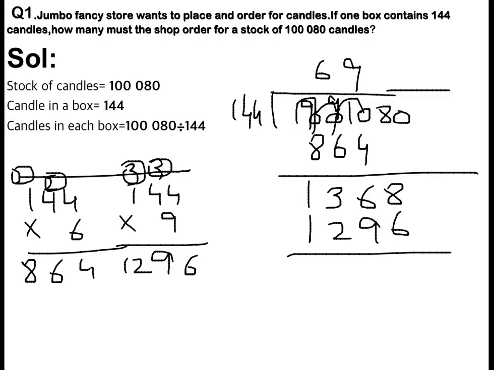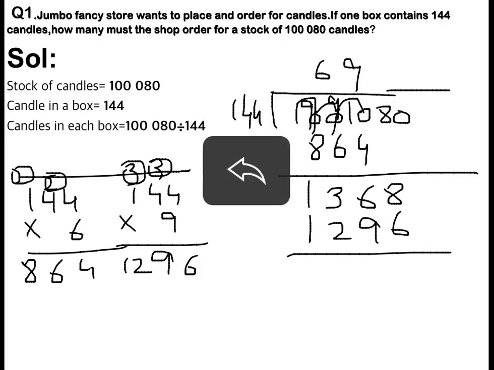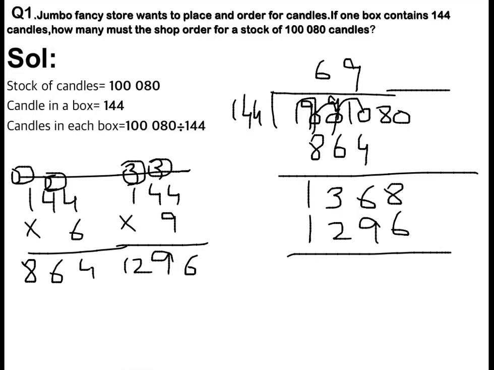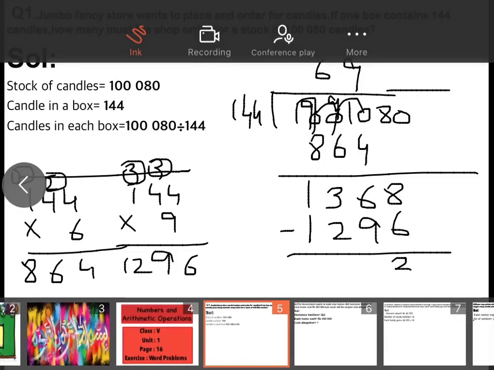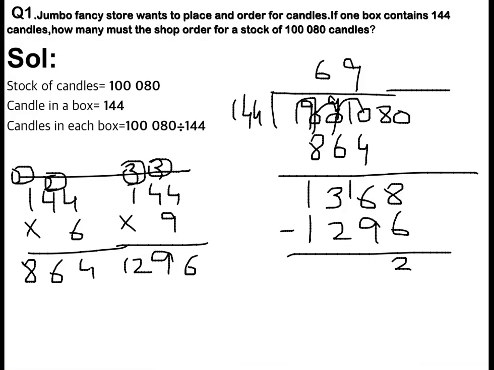Now we will subtract. 8 minus 2 is equal. 8 minus 6 is equal 2. Take carry. Make 16. 16 minus 9. Yes, student. Very good. 7. Here is 2. 2 minus 2 is equal 0. The next digit is also 0.